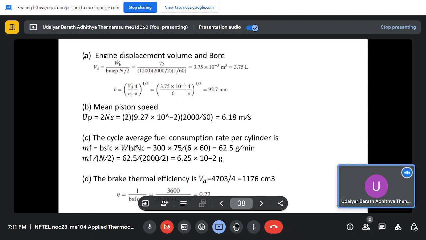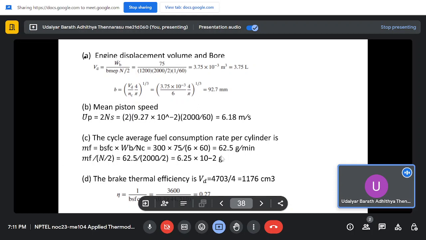So brake power per cylinder is Wb divided by number of cylinders. So 300 into 75 divided by 6, and this will give you 62.5 grams per minute. So this is the fuel consumption per cylinder per minute, 62.5 grams per minute.